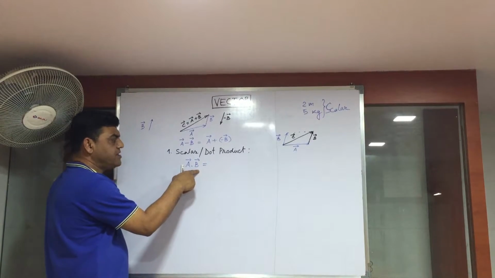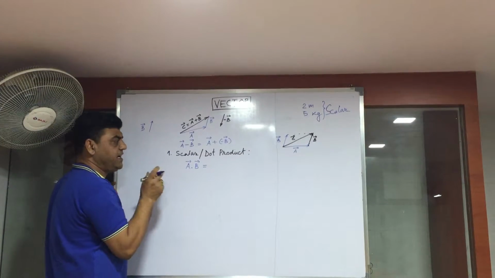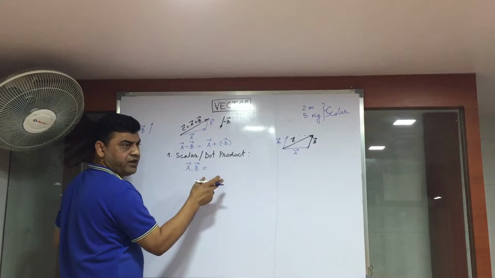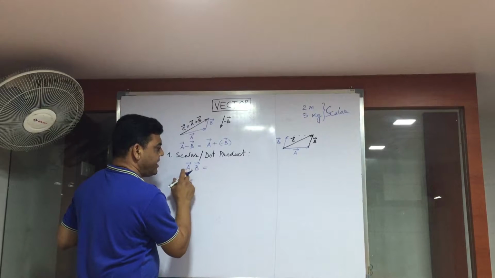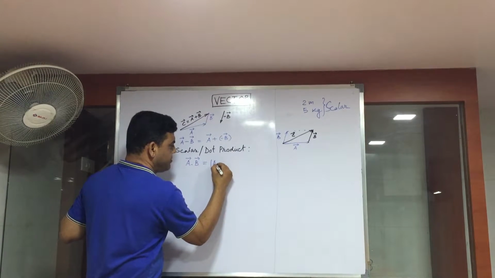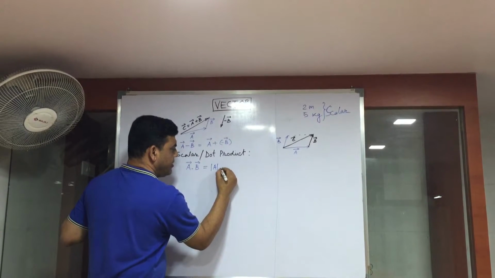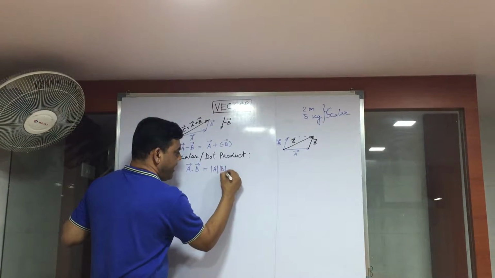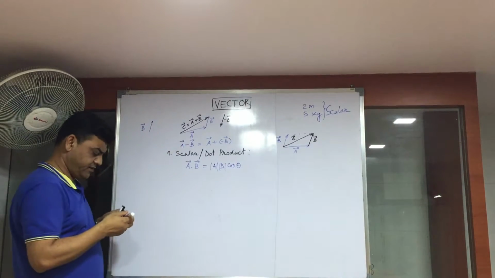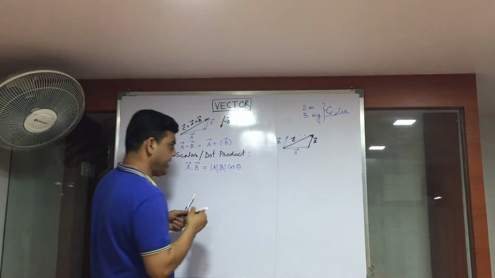The outcome of this is a pure number, a scalar. So on the right hand side of this equation, you will see there is no direction attached to it, but all of them are magnitudes by themselves. So it is magnitude of A, magnitude of B, and cos theta. What is this theta? Let me draw a simple diagram.